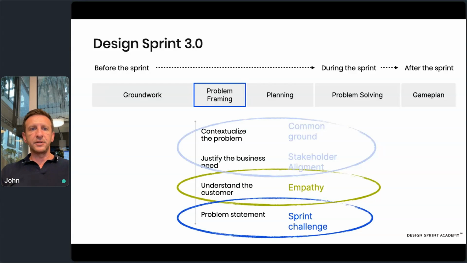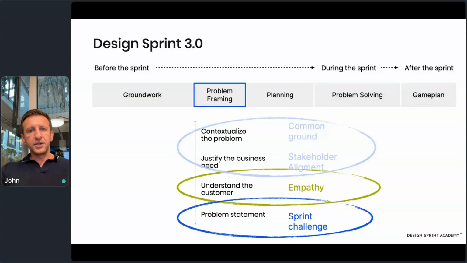Like common ground for stakeholders, and we align them on the same success metrics because everyone would probably measure it differently at the beginning. And then we bring in the customer and help them get empathy with the customer and hopefully change their perspective so they can focus on the right problem statements, which are in fact our sprint challenges.